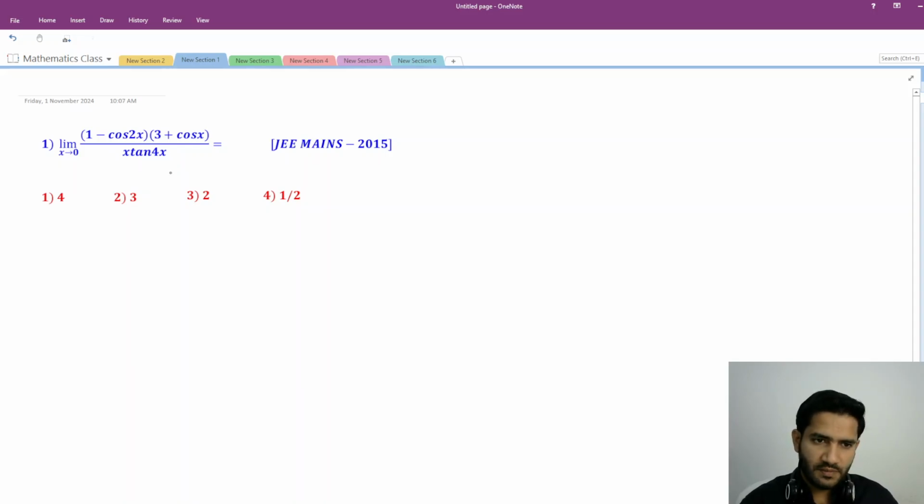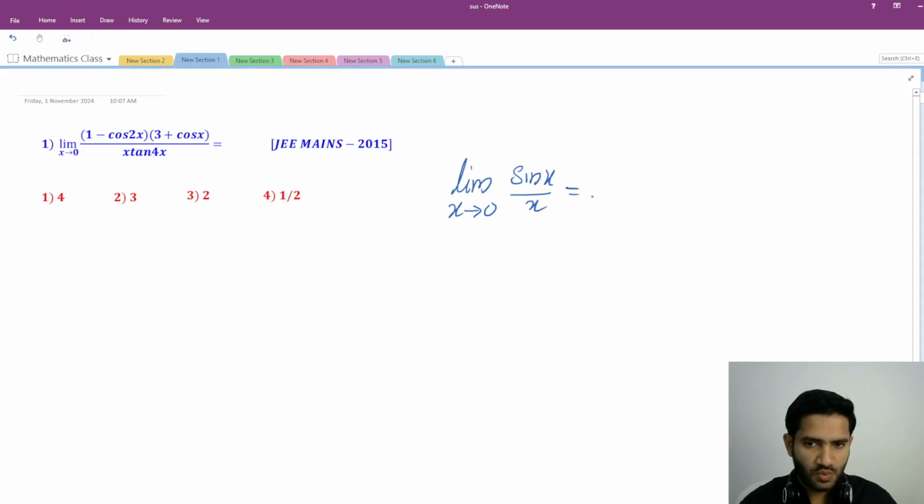So it's a question from the chapter Limits, and mostly it is related to trigonometry. If you're solving questions from trigonometry, we want to know the results related to trigonometry. So here we have some results. First one, limit x tends to 0, sin x by x is 1.